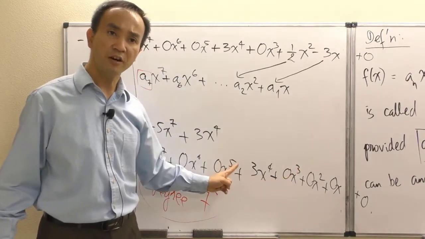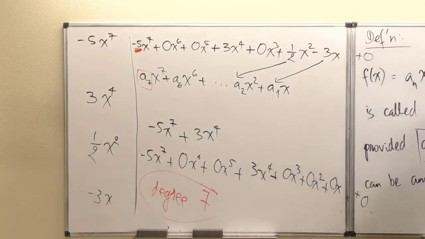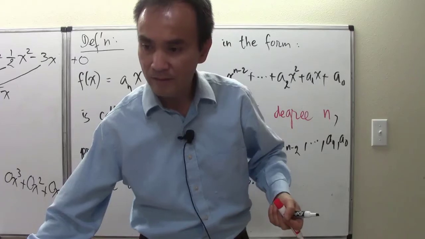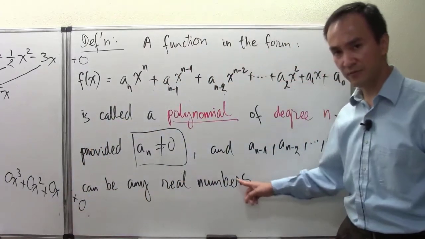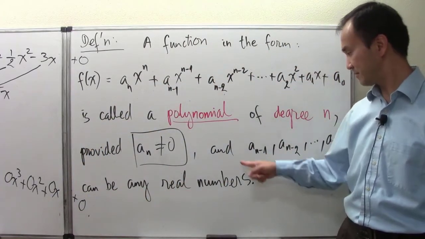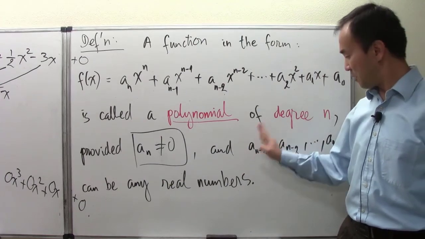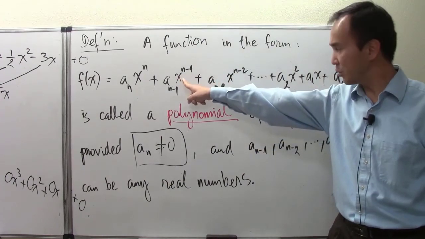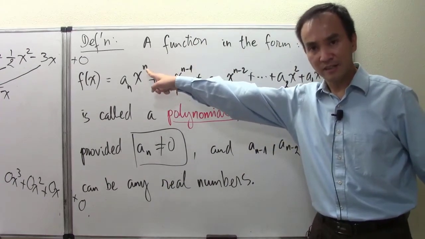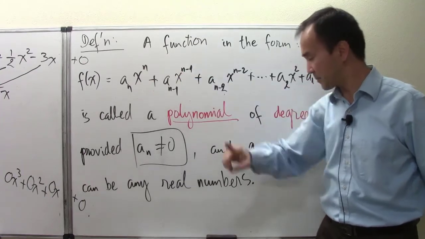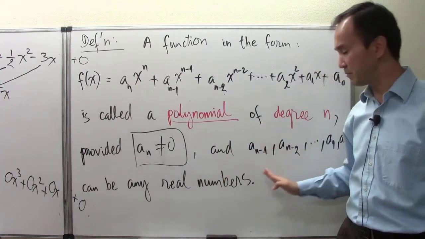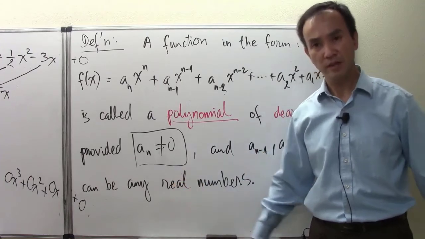They can be any real values. And that's why, once again, it emphasizes our understanding here. Any of those coefficients starting from the one immediately less than your highest power can be just any real numbers, including 0.